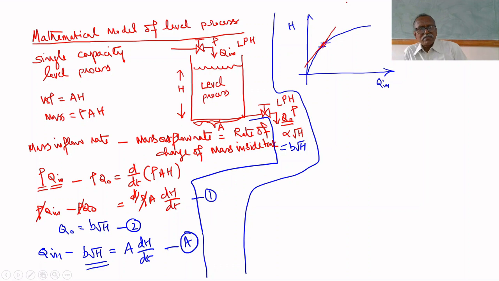If I am going to operate in this region, then both relations are satisfied in that region. That's why instead of using this, I can use this. That process is called linearization.